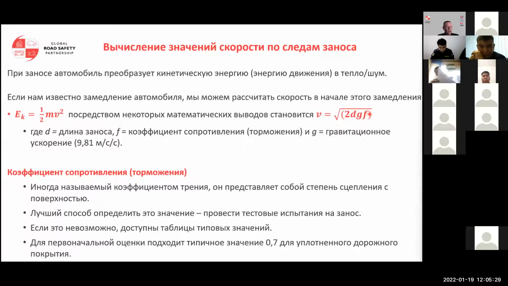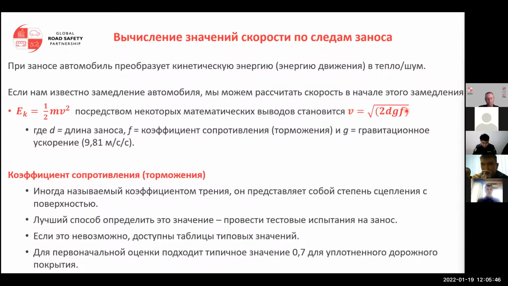Alternatively, I'm going to give you a chart which gives a list of different types of road surface and their typical drag factor value. What I've discovered after doing this for 30 odd years is that a typical value for most sealed roads is 0.7.